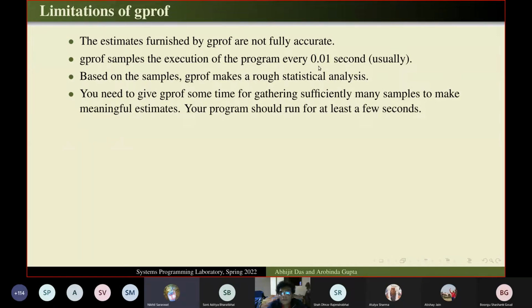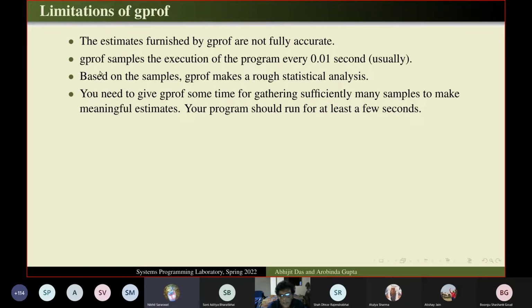But since this sampling time is something like 10 milliseconds, if your code runs for, let's say, 5 milliseconds, then it's possible that gprof never gets any chance to sample your code. Even if it runs for something like 20 milliseconds, at most 2 samples are obtained by gprof, the sampler.